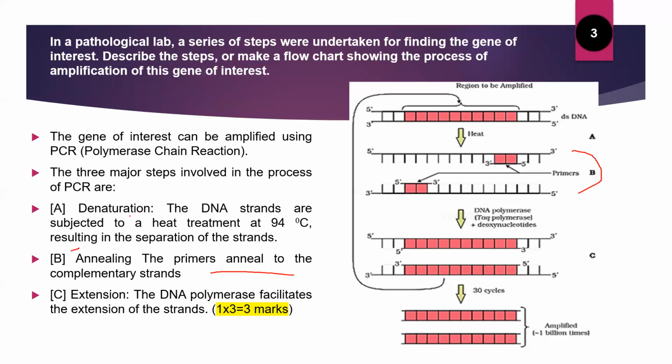So these are the three steps: denaturation, annealing, and extension. So say after 30 cycles, we might have around 1 billion copies of the gene of interest. So this is polymerase chain reaction.